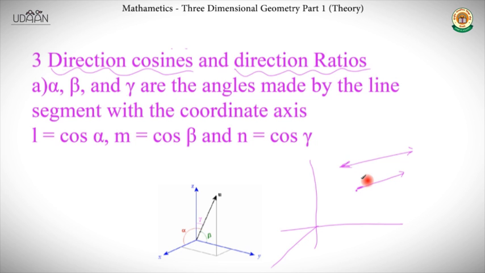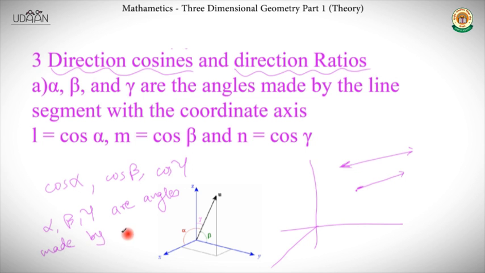Direction cosines are directly cos alpha, cos beta, cos gamma, where alpha, beta, gamma are angles made by the given line or a line parallel to it and passing through the origin.